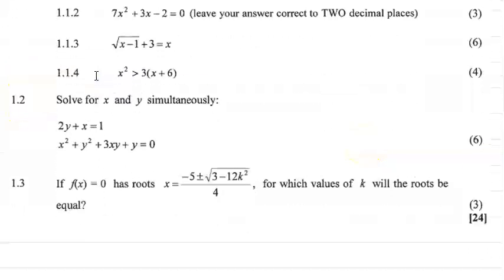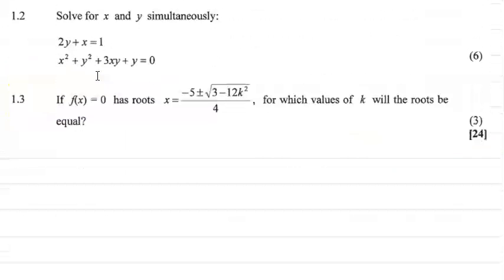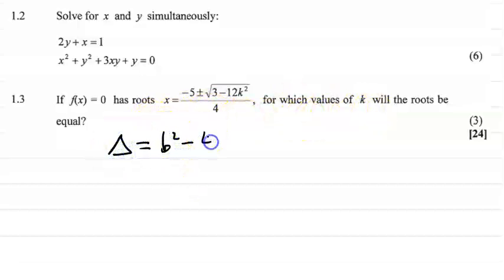Just to quickly summarize, remember that to describe the nature of roots is to look at the discriminant, which is delta, which is b squared minus 4ac. And just to quickly review what I already said in the first video, if delta is equal to 0, our roots are equal. If delta is greater than or equal to 0, our roots are real.